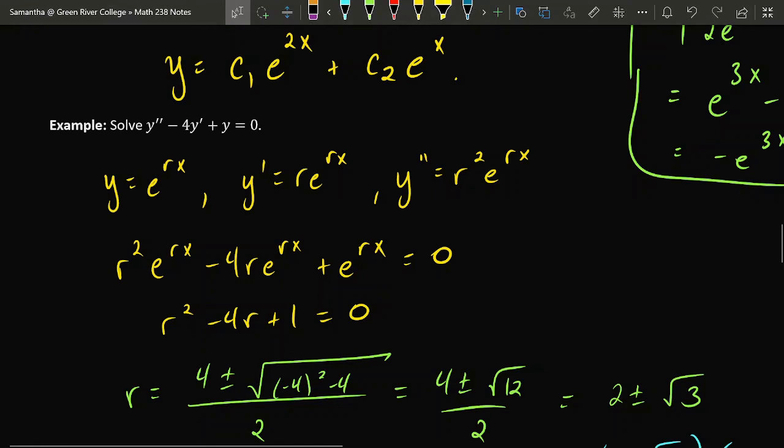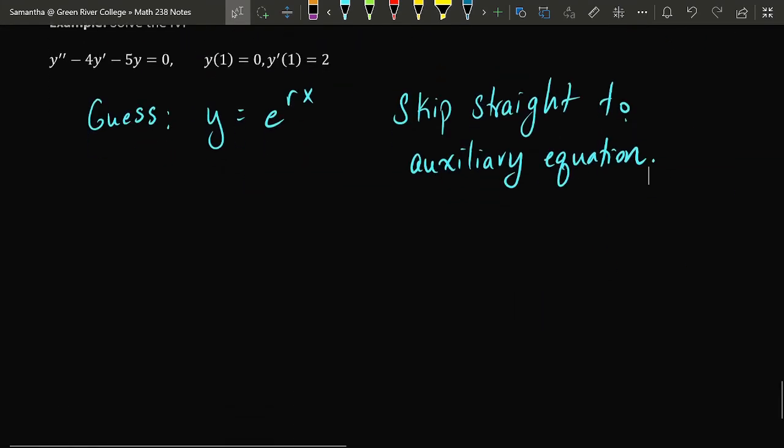The first derivative gets replaced with r, and the y, the zeroth derivative, gets replaced with a term that has no r's in it. So once I've written down my guess, I'm going to skip straight to writing down the auxiliary equation based on the observations that I've made as I've done these problems over and over again. And you're also free to skip directly to the auxiliary equation.